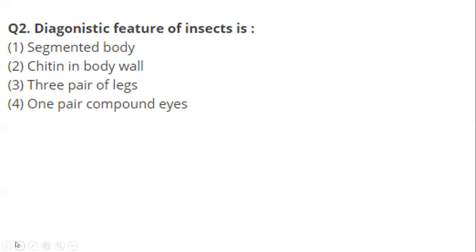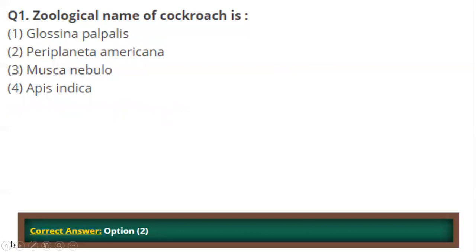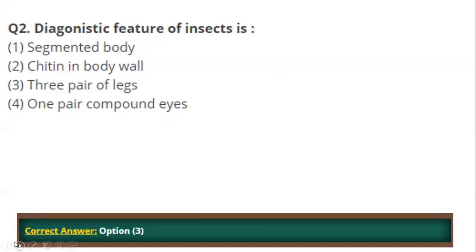Comment down the answers as fast as possible. Revealing the answer, it is option 3, three pairs of legs. So that is the diagnostic feature of an insect, that it consists of three pairs of legs.